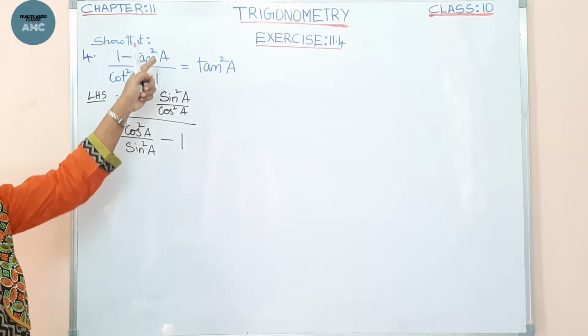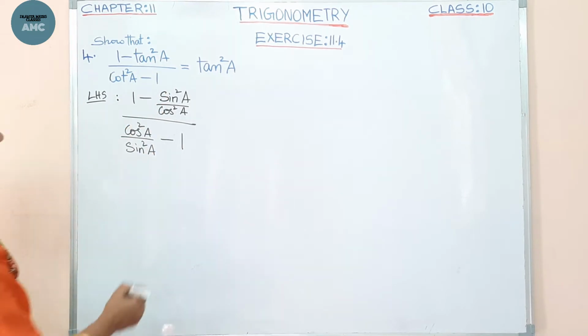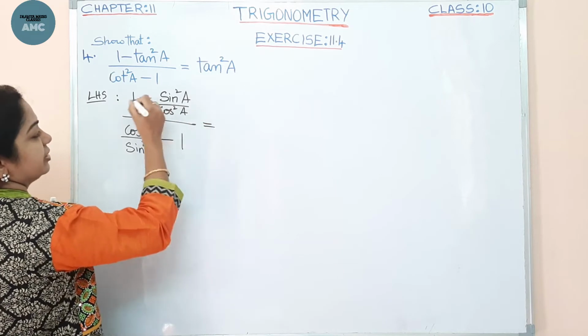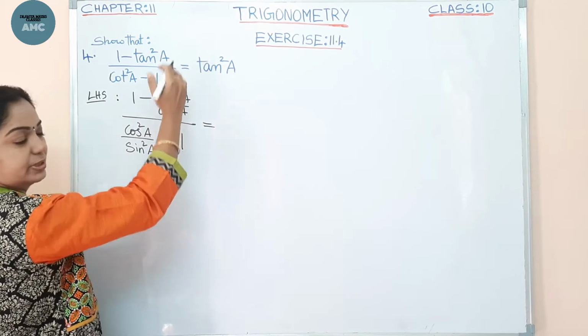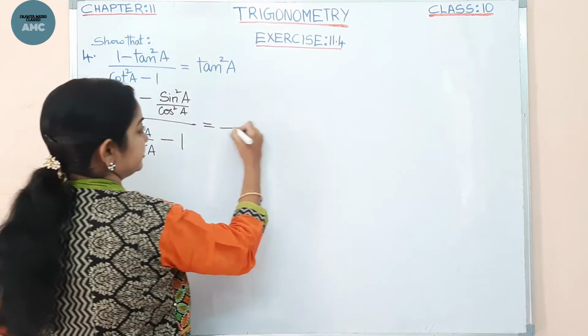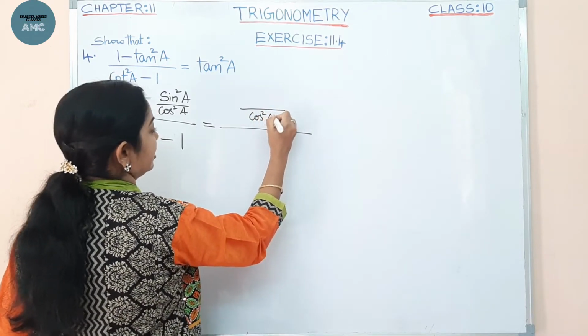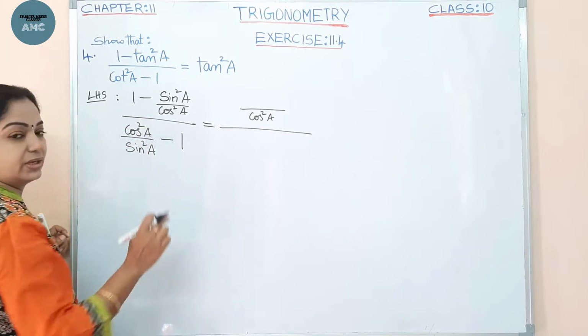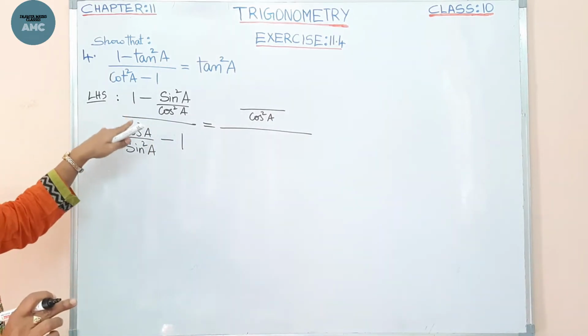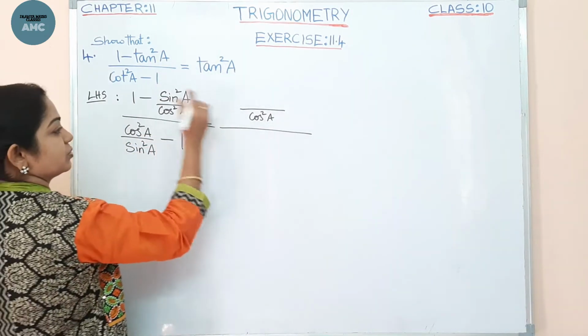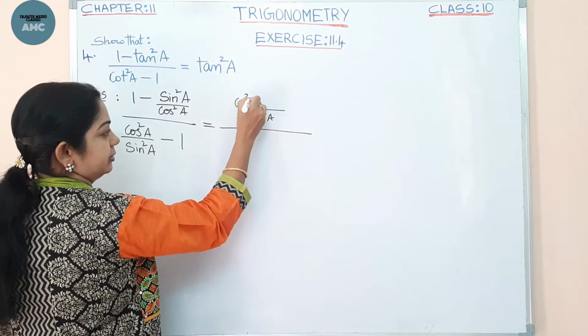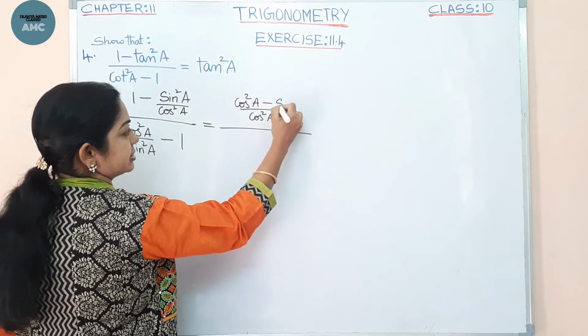Tan A is a ratio of sine by cos, right? Again, now here, if you take the LCM for the numerator part and the denominator part, the LCM here is cos square A. Now here 1, so we can take 1 by 1. So 1 into cos square, so cos square A minus sine square A.